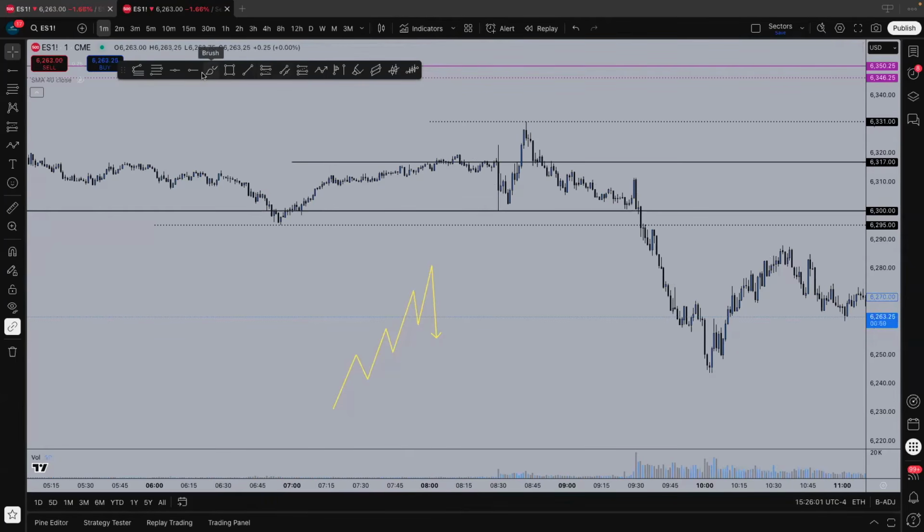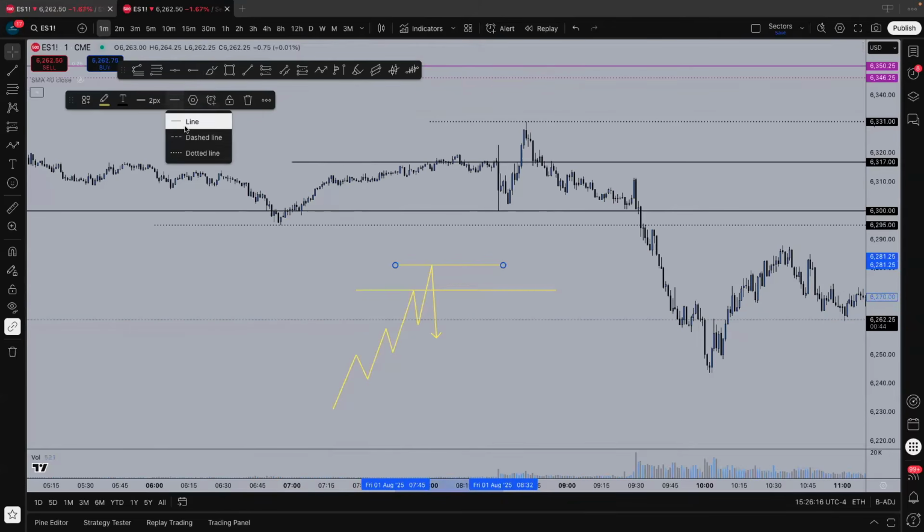What I look at is the same thing I was talking about before, right? Where, for instance, this would be my extreme point, and this would be the key level, right? So I'll make this dotted.